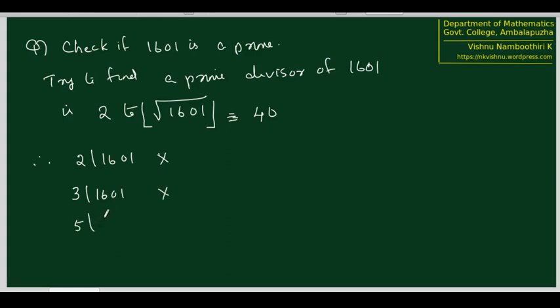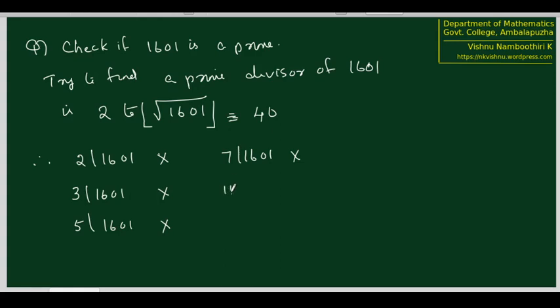Now does 5 divide 1601? That's also false. What about 7? If we try to divide it with 7, this is 14, after that 20, 61, and this is not true.